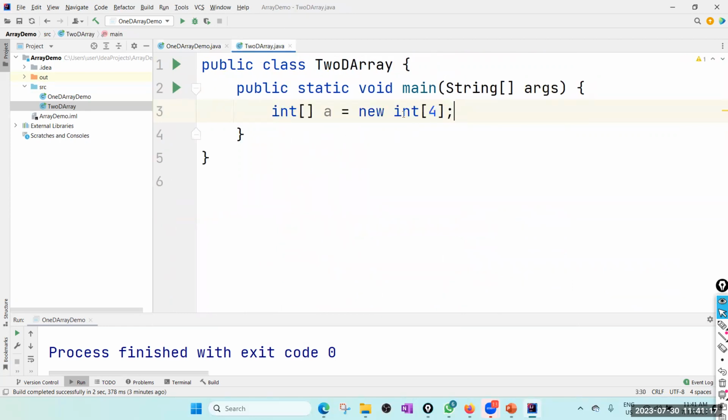I will use this approach, say 2 dimension. You can create a square, rectangular or odd-shaped array. So let's create a rectangular array. This is the number of rows and this is the number of columns. Say 4 rows, 3 columns. So this is a 4 by 3 array.